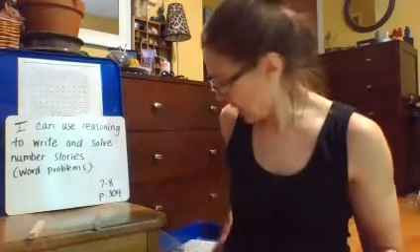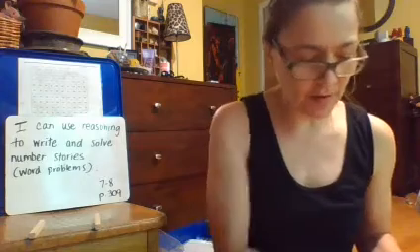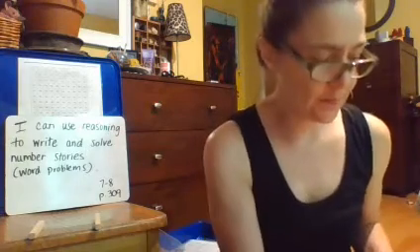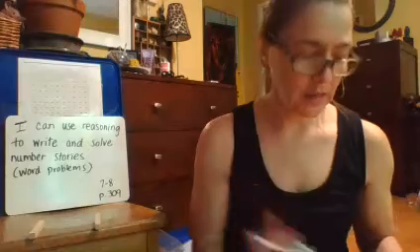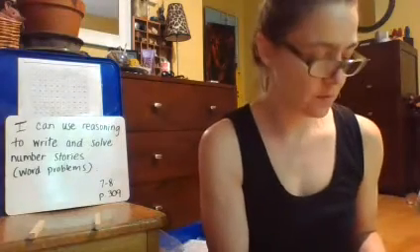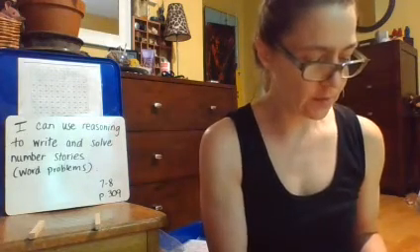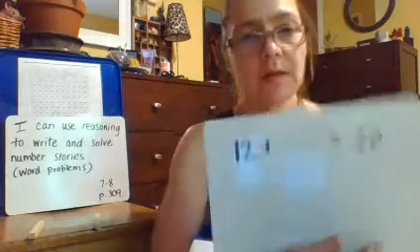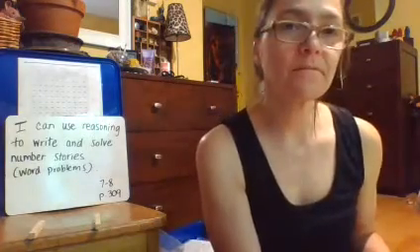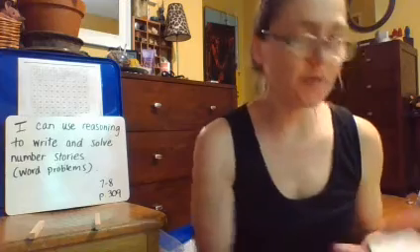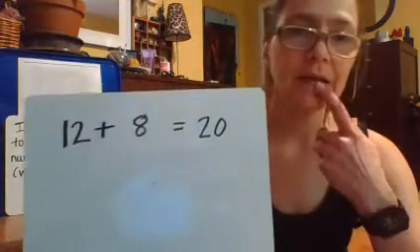Okay, let's go ahead and erase, and let's think of another example where our answer is 20. We can do 12 plus what equals 20? All right, 12 plus 8 equals 20.